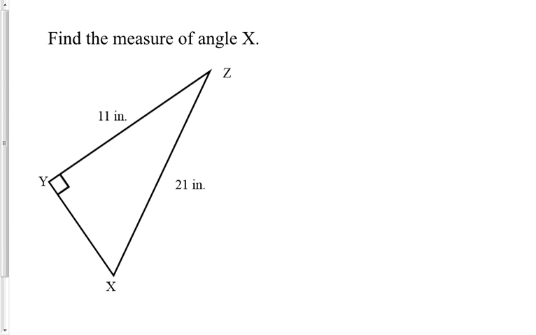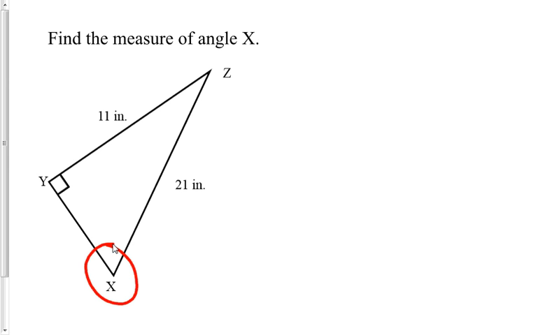Second example, given a triangle, it's kind of been rotated slightly, so it might be slightly more difficult to figure out what is what. And we're being asked to find the measure of angle X. So angle X down here, that's what we're trying to find. So that's the angle we're going to start from.